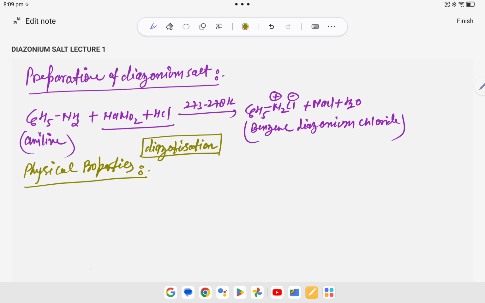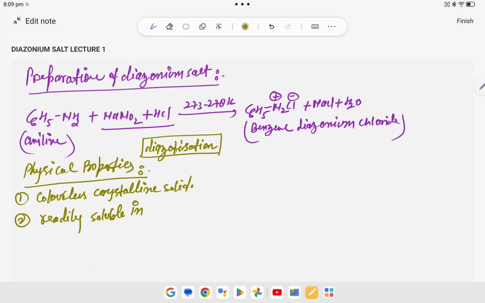Physical property. In the case of physical properties, children, they are colorless, crystalline solids, readily soluble in water.